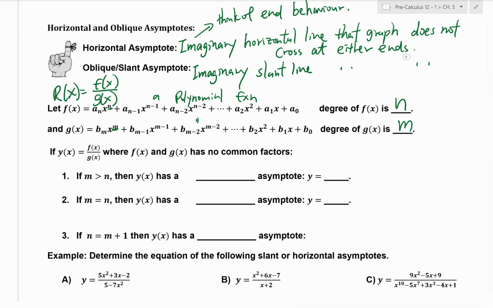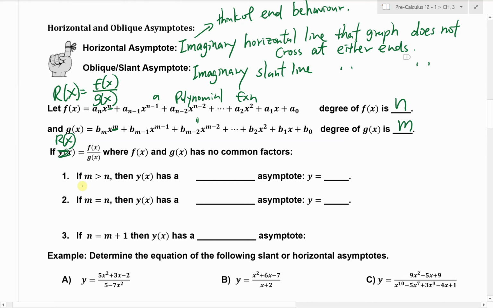Okay, so here I'm just going to use r of x to stay consistent. Let's say there are no common factors. So there's no reducing, there's no canceling, there's nothing happening. It's just two different functions with no common factors.